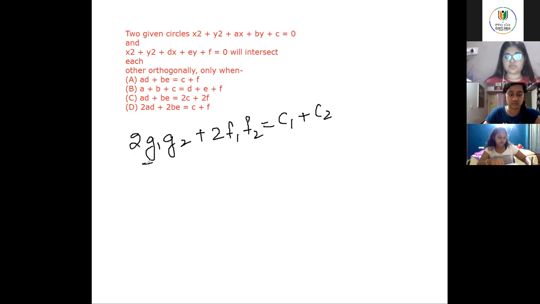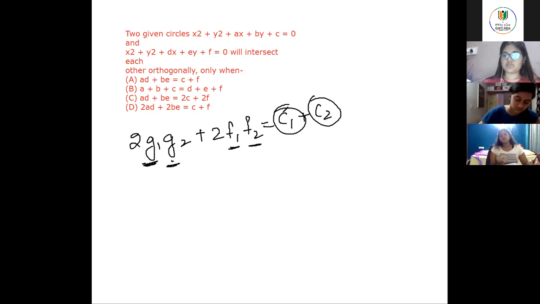So G1 is the X coordinate of the center of the first circle. G2 is the X coordinate of the center of the second circle. F1 is the Y coordinate of the center of the first circle. F2 is the Y coordinate of the center of the second circle. C1 and C2 are the constants in the equations of the first circle and the second circle.